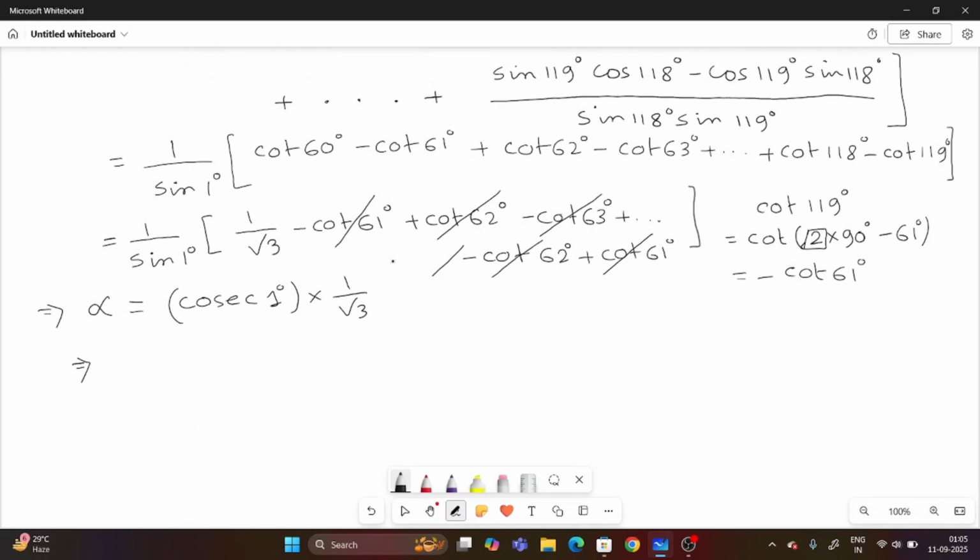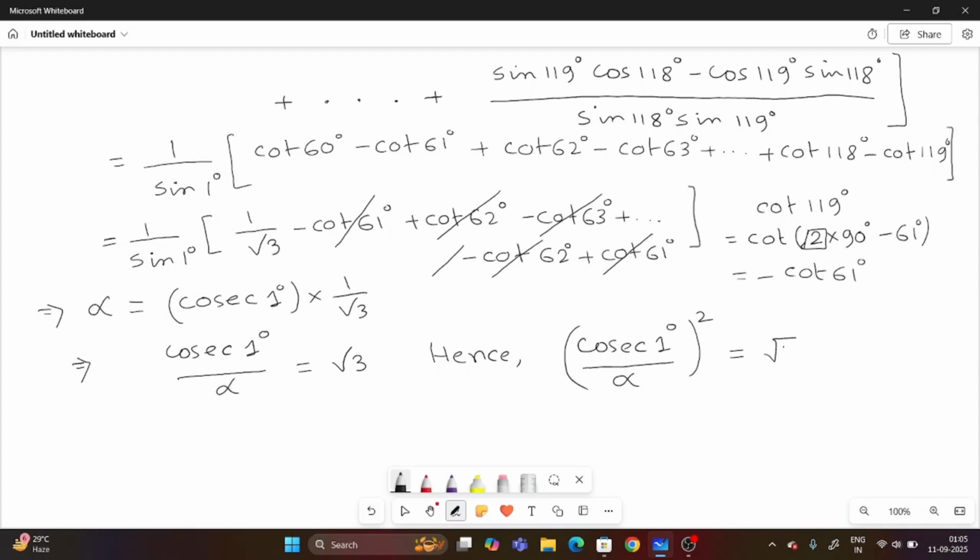So by cross multiplication, we can say cosec 1 degree divided by alpha is equal to root 3, but we have to find the square of this value. Hence, (cosec 1 degree divided by alpha) whole square is equal to root 3 whole square, which is equal to 3.